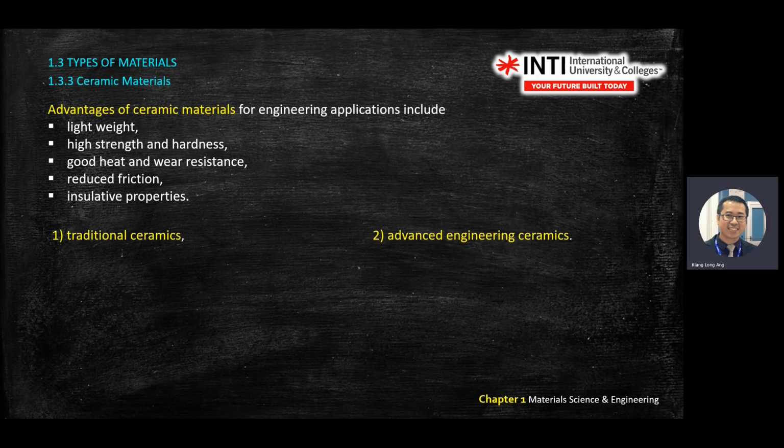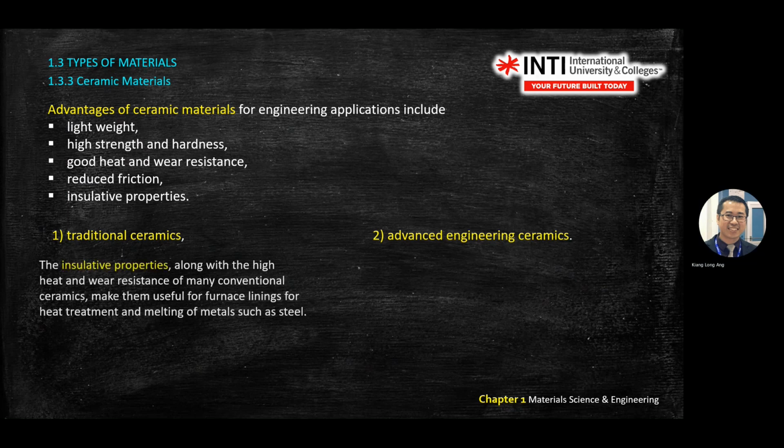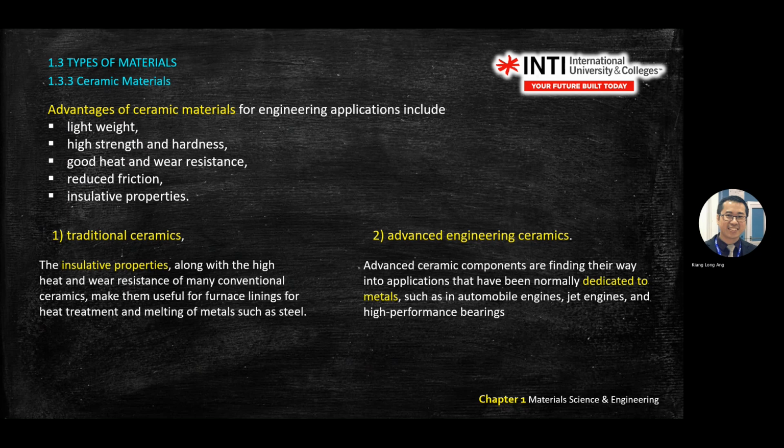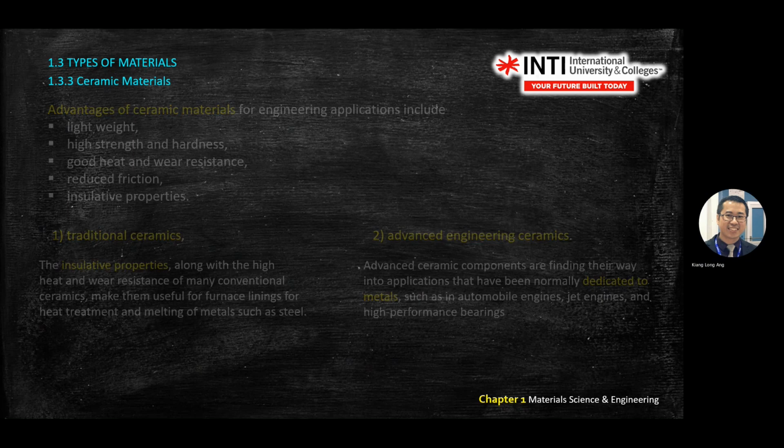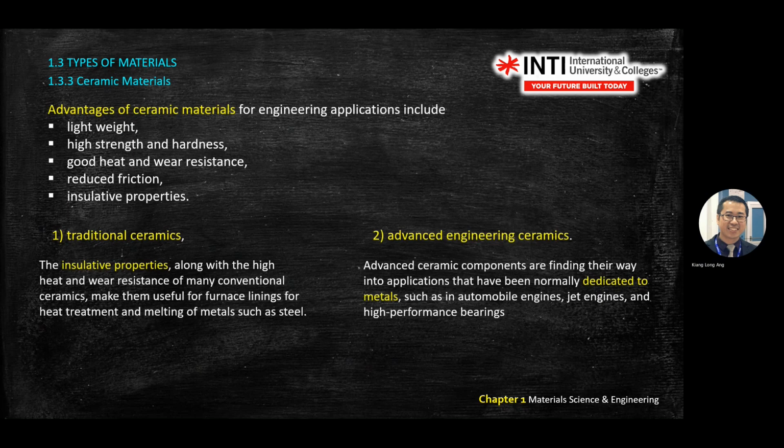They are also a good insulator. This one was already explained. Again, there might be a question asking this, maybe 2 points or 3 points, asking you about ceramic material. Section 1, definition.